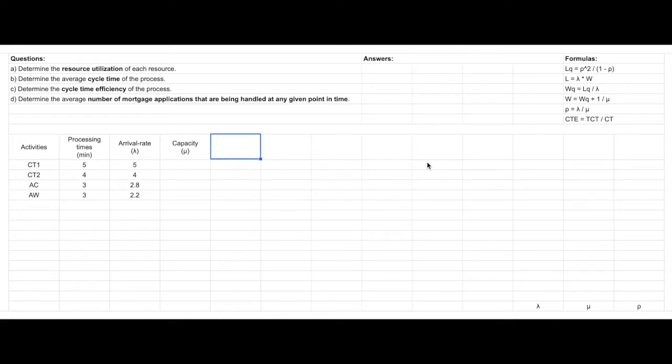In other words, capacity gives you per time unit how many cases you can produce. And the resource utilization itself, which expresses how busy the resource is while carrying out the cases.